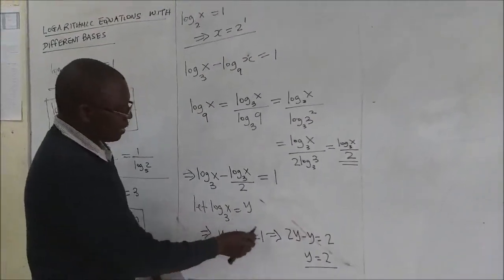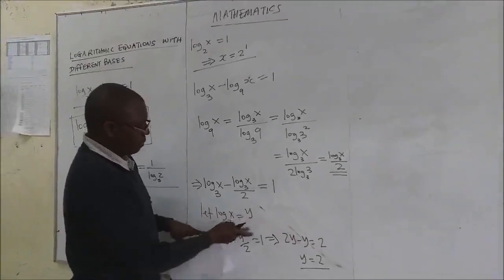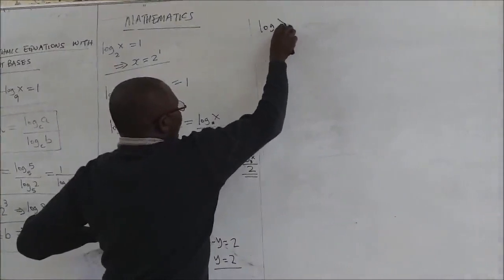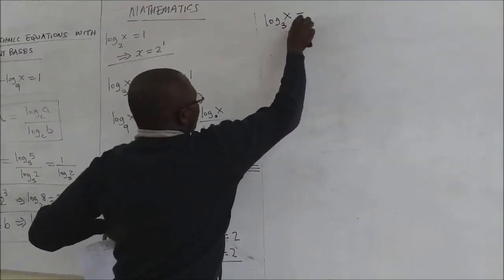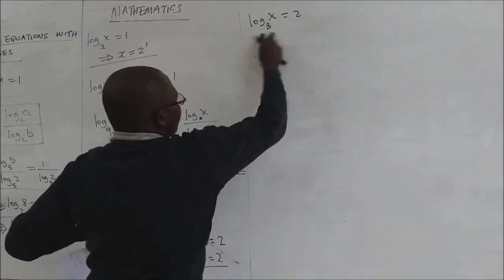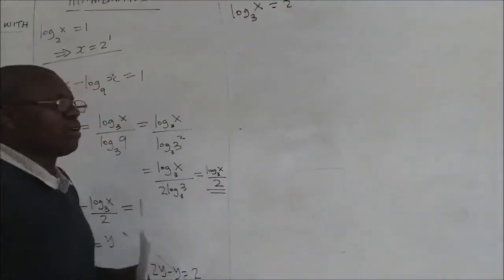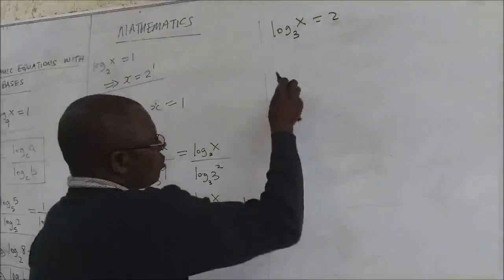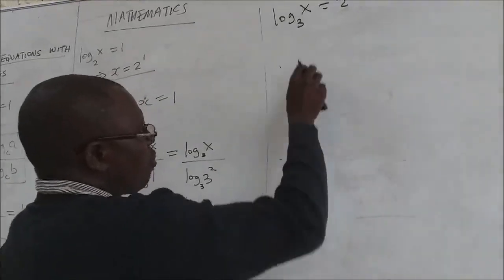We can bring it back here, so that if y is 2, it means log x to base 3 equals 2. This is logarithmic form, and we can change it to exponential form.